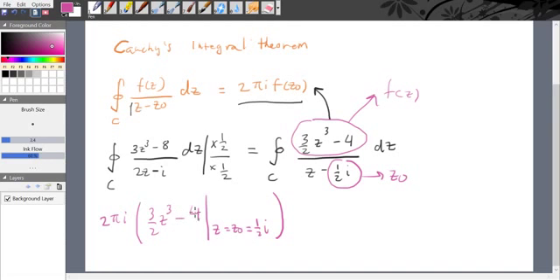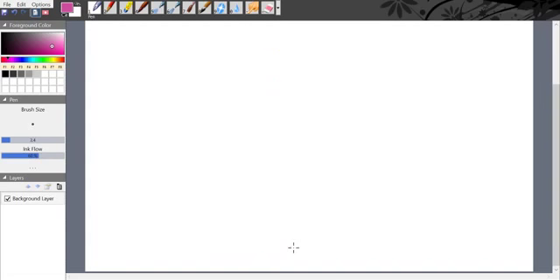Let's clear things up. Before I clear this, you could copy the pink part over here. Writing things again, we had 2 pi i times 3 over 2 z to the power of 3 minus 4, where z is equal to half i.